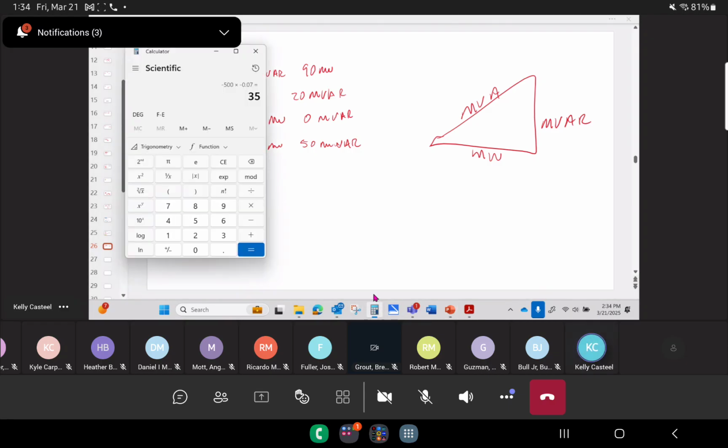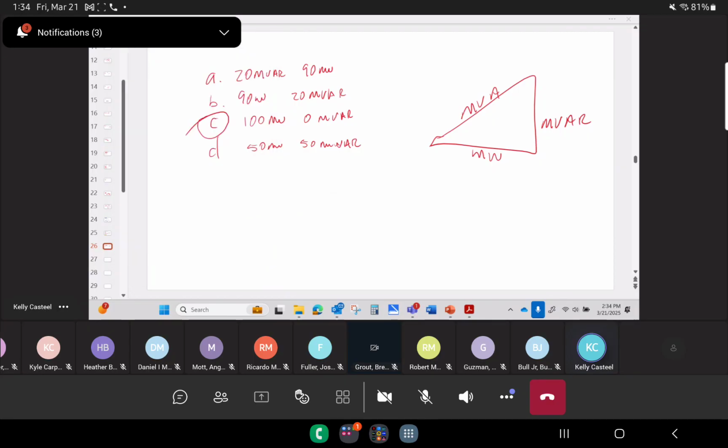To verify that, let's do 90 squared plus 20 squared. You take the square root, and it winds up being about 92 MVA, sorry. So that one would be about 92 MVA. This one would be 92 MVA.